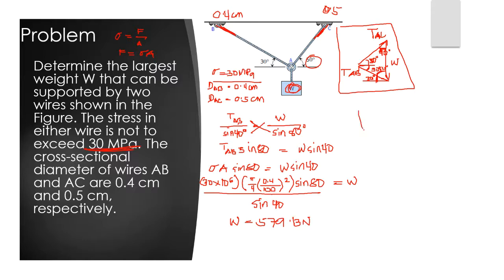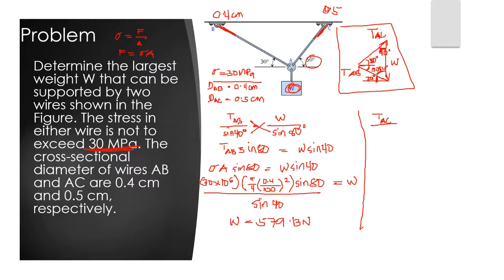Now let's also check how much the AC wire can support. We also need to use the same formula. So we have TAC, and we are looking for the opposite angle.